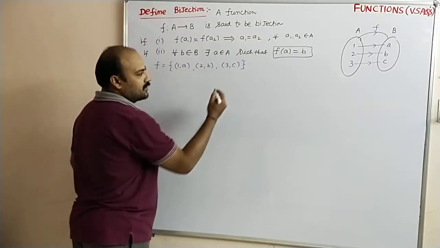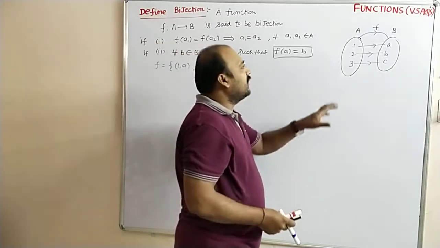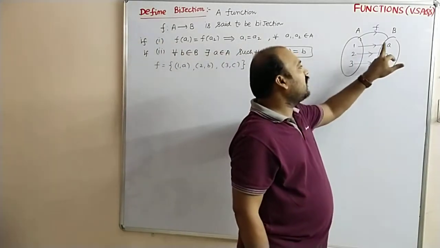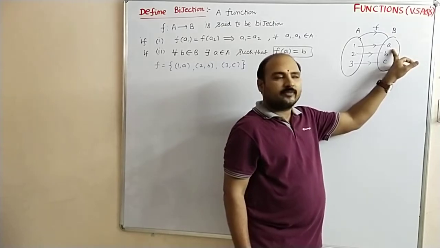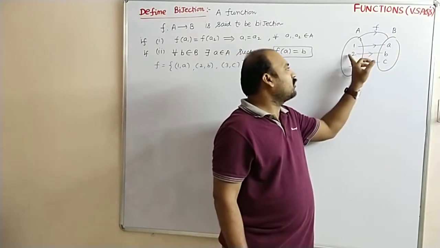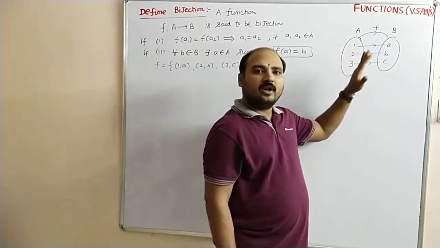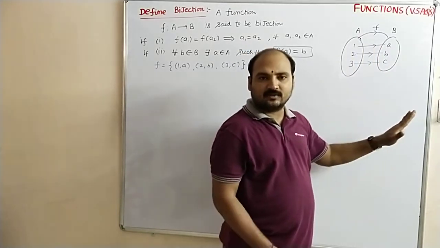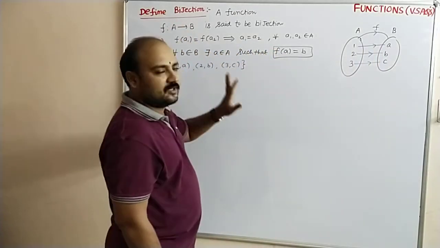Observe that different elements of A have different images in B. So f of 1 equal to a, f of 2 equal to b, f of 3 equal to c. Different elements, different images. So the first condition is satisfied.